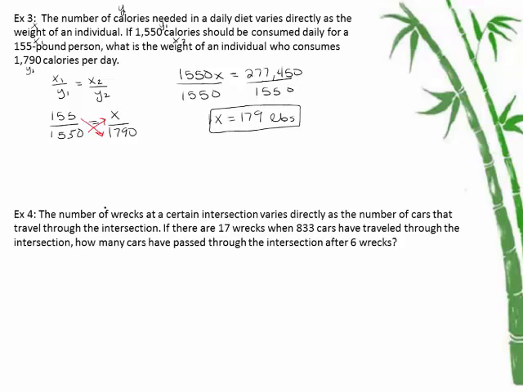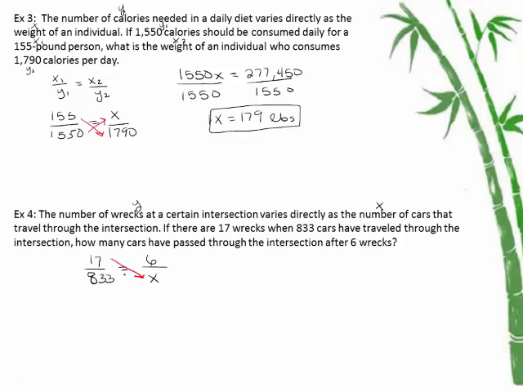In this next example, we have the number of wrecks at a certain intersection varies directly as the number of cars. So wrecks will be y, cars will be x. If we have 17 wrecks when 833 cars have passed through, and we want to know how many cars have passed through after 6 wrecks. So we have 6 wrecks over some unknown number of cars.